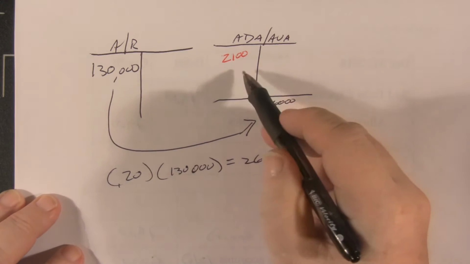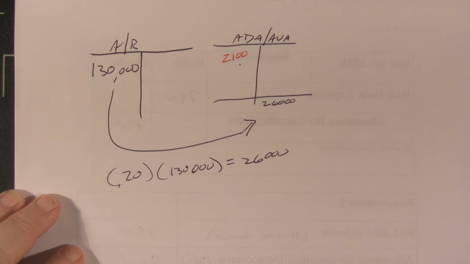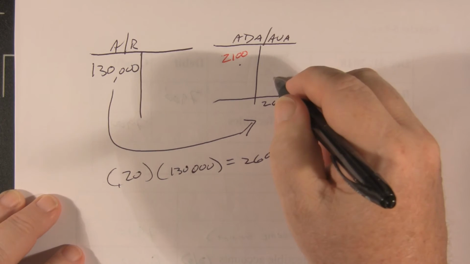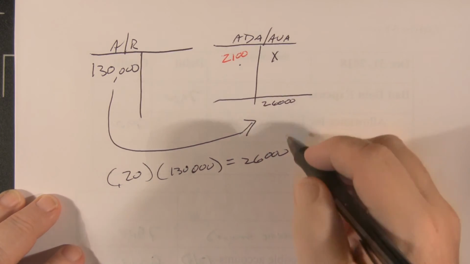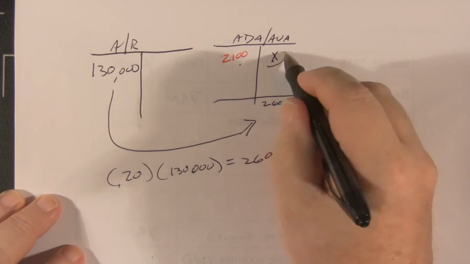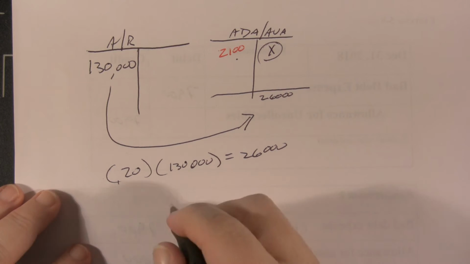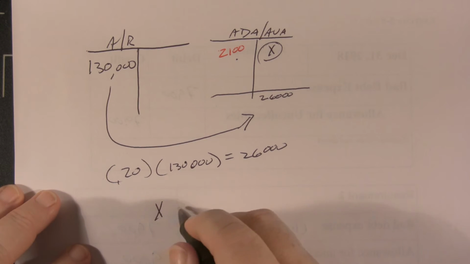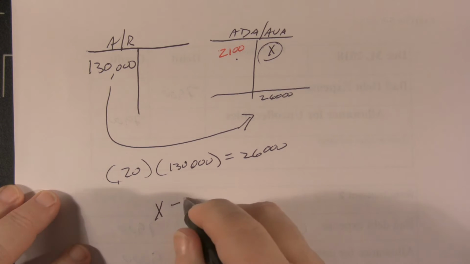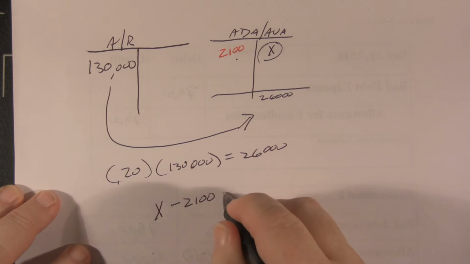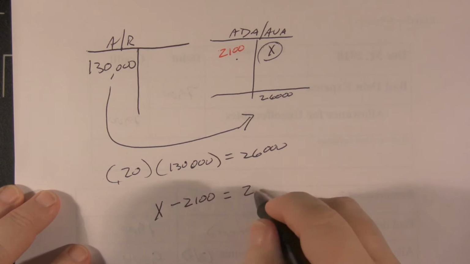We have to account for the fact that we have a debit balance. In other words, we're below zero in the allowance account. So we need this number over here. It's the same formula as before, but now we have X minus 2,100 equals 26,000.